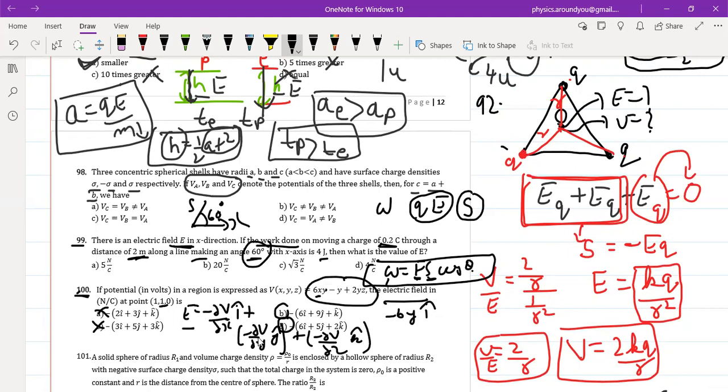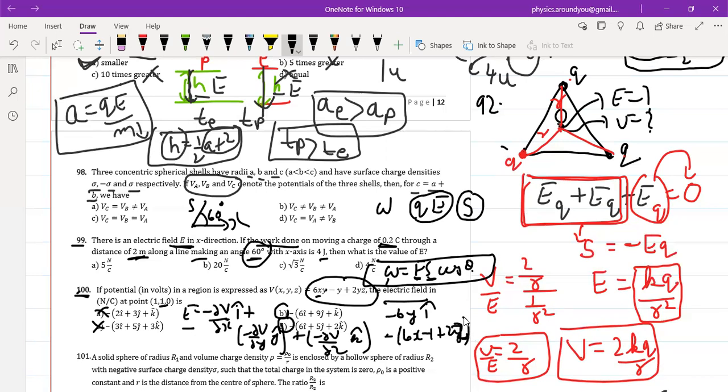What is the next one? Minus dou V by dou y. So y is a variable and x and z are constants. So the answer for this would be minus of 6x minus 1 plus 2y, 6x minus 1 plus 2y, because y is a variable, x and z are constants. 2z, x and z are constant.